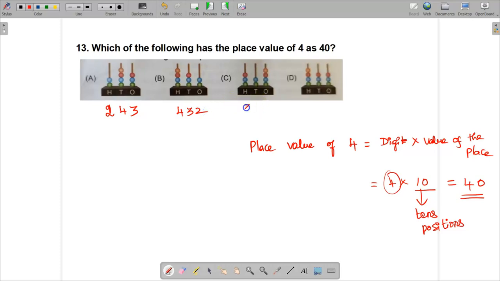This one is 324. And this one is 433. At the tens position, which abacus has 4 balls? Only this one; the others have 3, 2 and 3. So option A is correct.